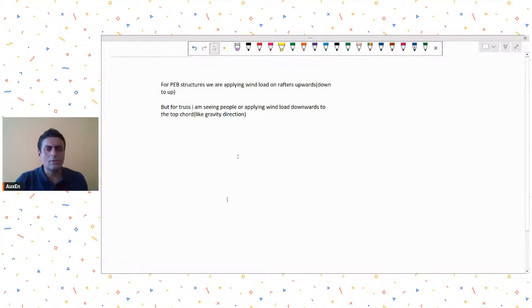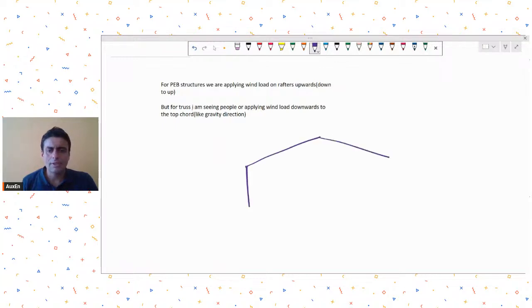So I think what he is trying to say is that, and I would just correct him, this is not valid only for truss or PEB. What you might have seen in some models is that suppose there are two pressure coefficients, CPE and CPI. All of you are aware of CPE, external wind pressure coefficient, and internal wind pressure coefficient.